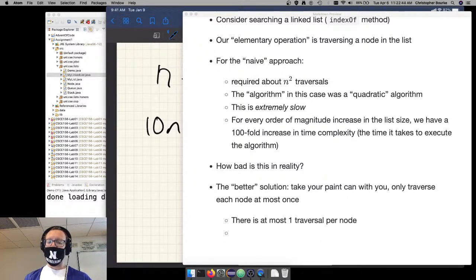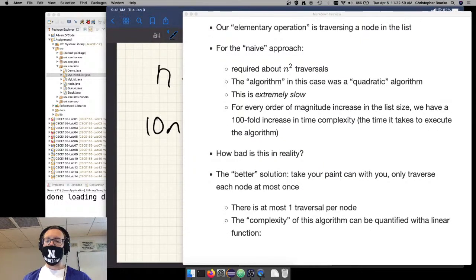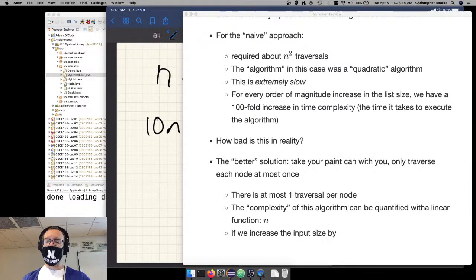And consequently, the complexity of this algorithm or process can be quantified with a linear function. The linear function here being simply just n, right? Again, here I'm ignoring the constants, okay? So again, how bad is this? Well, if we increase the input size by tenfold, then the algorithm will only be 10 times slower.